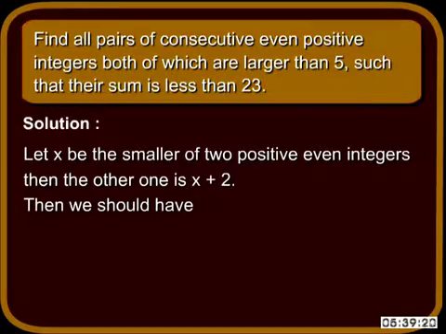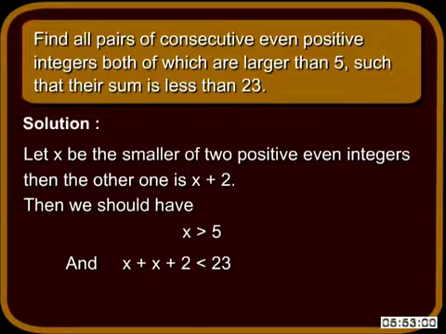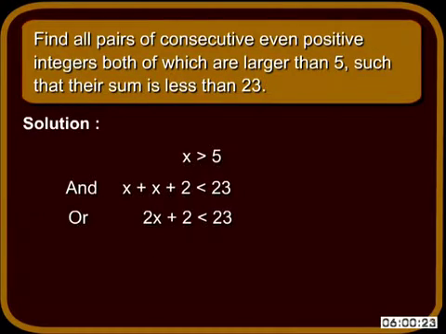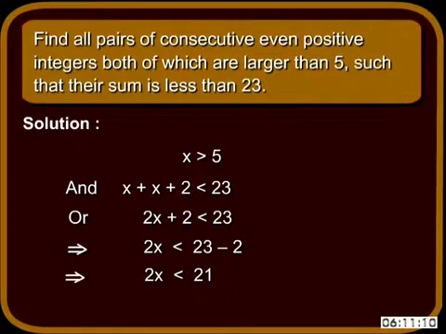Let x be the smaller of two positive even integers, then the other one is x + 2. Then we should have x > 5 and x + x + 2 < 23, or 2x + 2 < 23, which implies 2x < 23 − 2, which further implies 2x < 21, which implies x < 10.5.